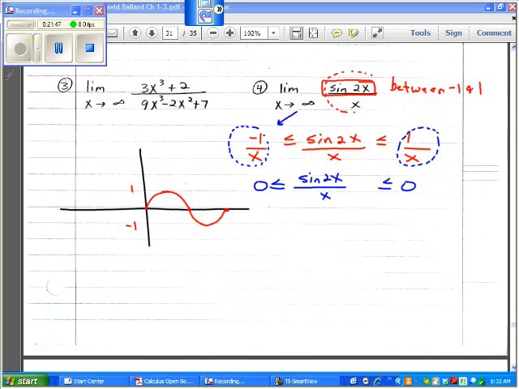Well, that forces it to be 0. Any questions on number 4? We use the squeeze theorem to mathematically prove that the sine of 2x over x is 0. Okay? All right. Any questions on number 4?